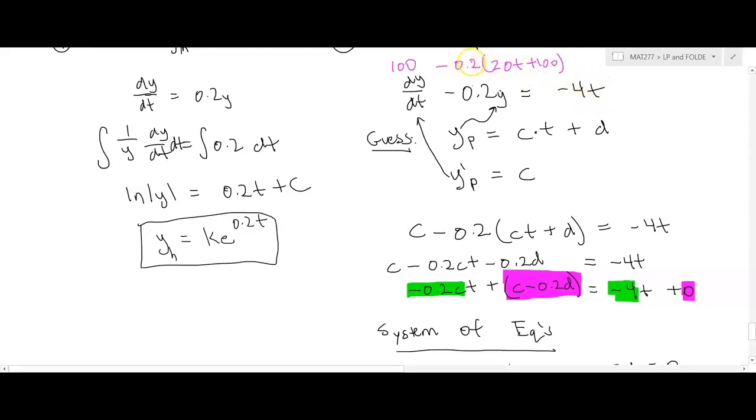This right here will be our 20, because that's our value of c. -0.2 times 100 is -20. -20 plus 20 is 0, and so then I'll just have -4t on the left, -4t on the right, and so they are in fact equal to each other.